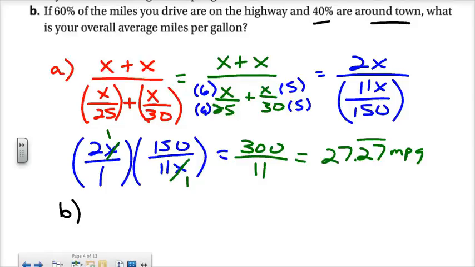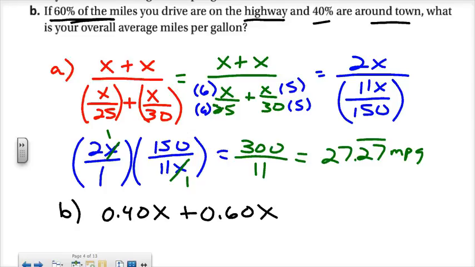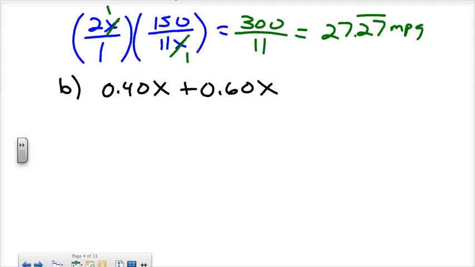And it says 40% in around town, so I start thinking, okay, so 40% of the miles are going to come from around town. And then 60% of the miles are going to come from highway. So plus 0.60 highway miles. Now what that also does is it changes what we're figuring out for our gallons.